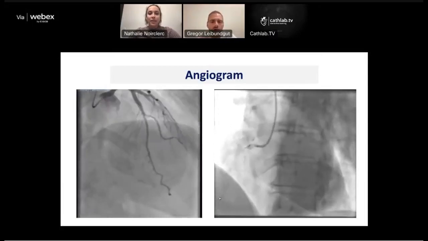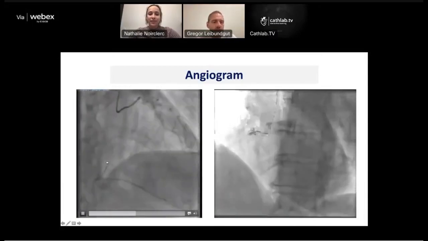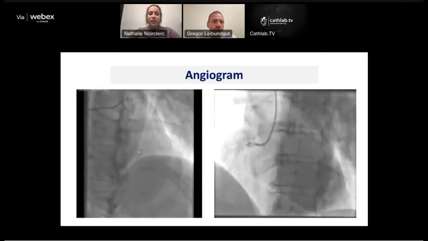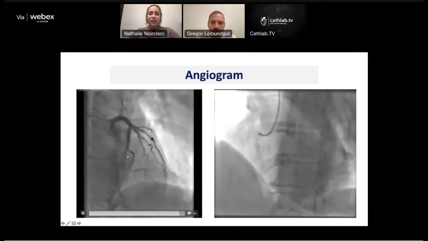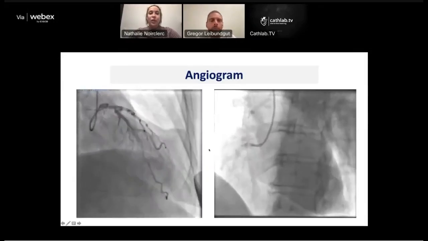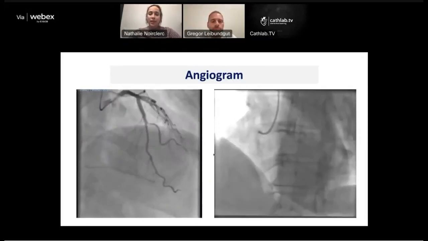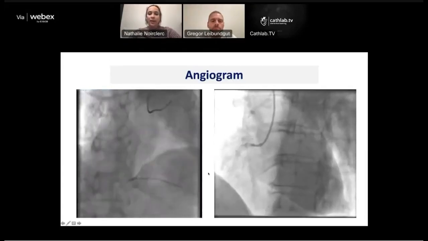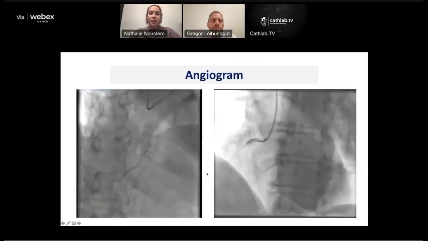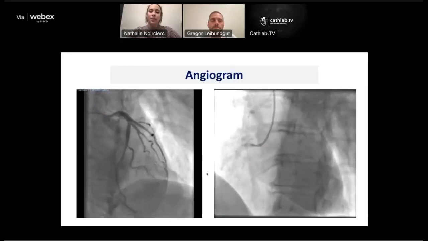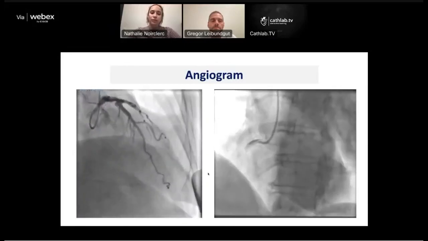Because the occluded vessel is collateralized well, and sometimes I see acute occlusions without ST elevations when you have such nice collateralization. So yes, she still had the STEMI on the electrocardiogram, and she also still had some pain. These are the two reasons why she had the PCI at first.